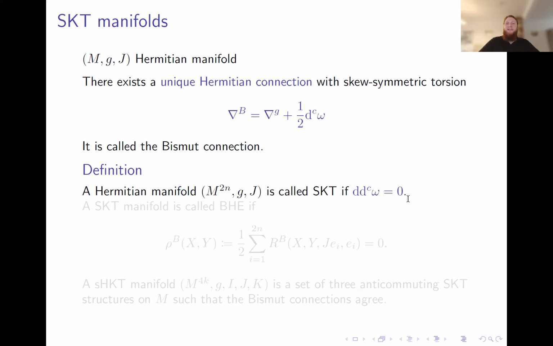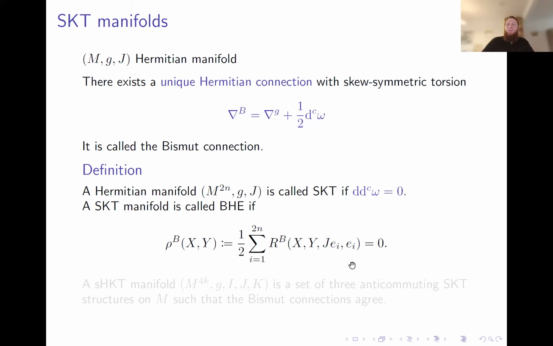In many instances, in the study of Hermitian geometry, of complex geometry, people will often call this pluriclosed because of this condition. But since we're focusing on the torsion, I'm sticking with the notion of strong Kähler with torsion.